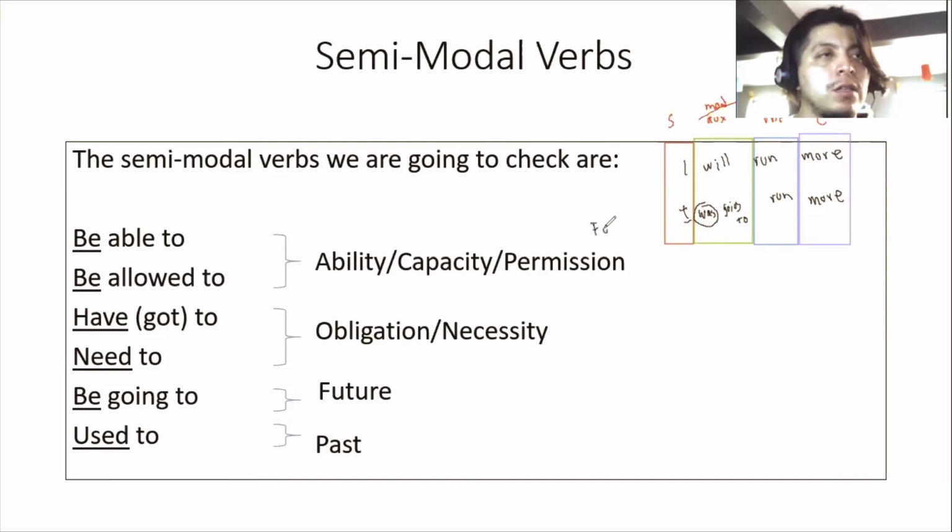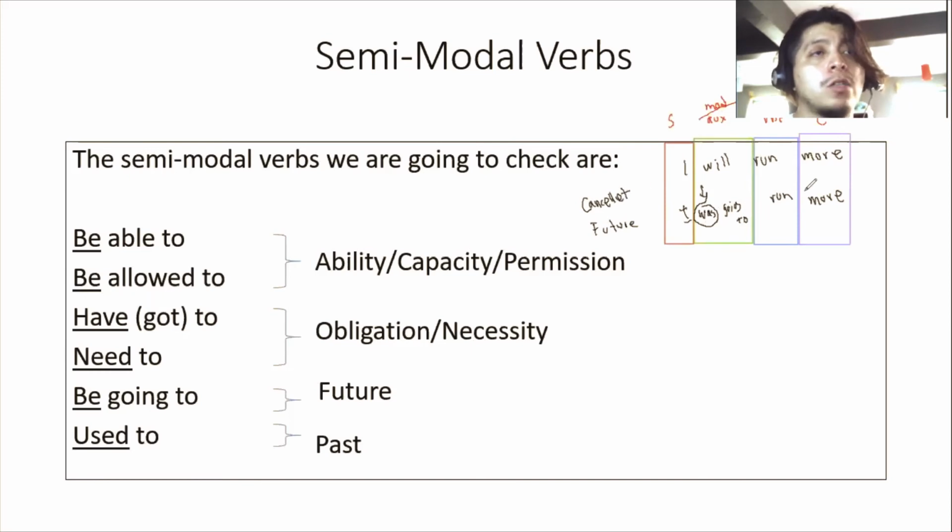This is still in the future, because if you want to change it to the past, well, use the simple past. You can say I ran more, and that's it. Or I was running more in the past continuous, or I have been running more in the past perfect continuous. So it doesn't make sense to change this to the past. What you are doing with this is something called a cancelled future.